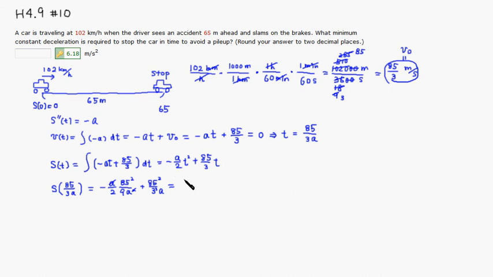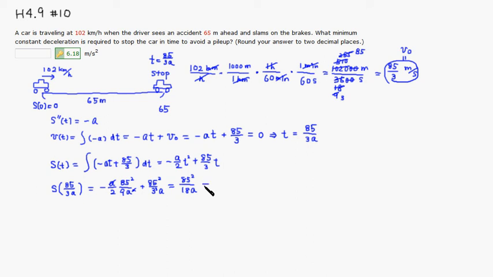So it's going to be 85 squared over 18a. Alright, so the time t here is 85 over 3a. So the distance is supposed to be, position has to be 65.